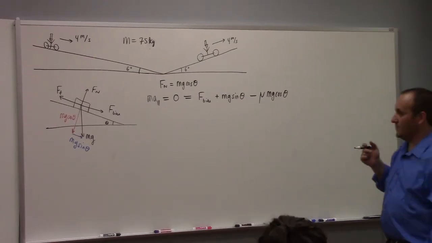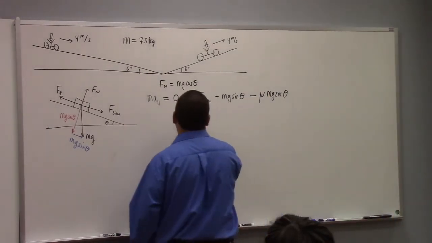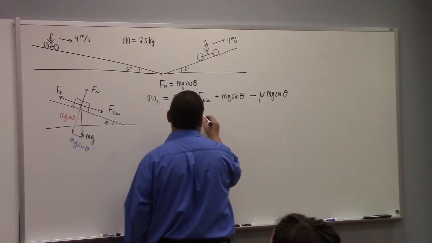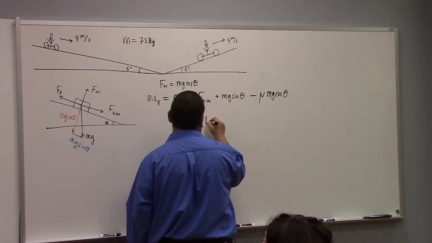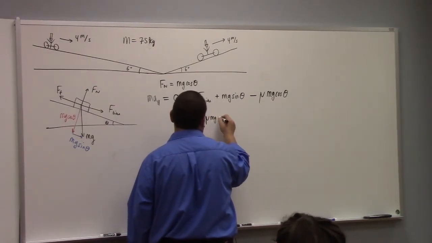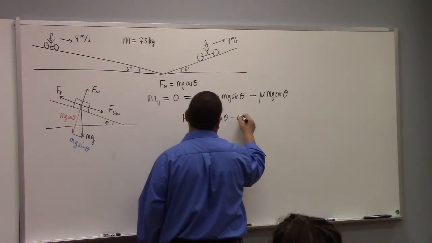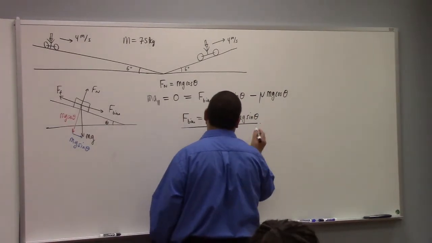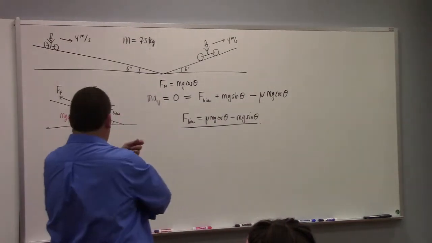Okay, so the force of the bike is equal to mu mg cosine theta minus mg sine theta. I'm not sure quite what to do with that at the moment. I'm going to stop and think about this one.